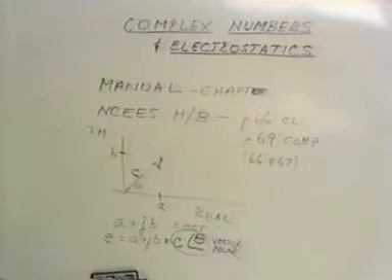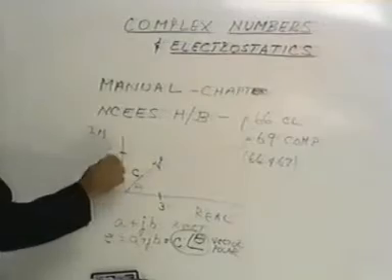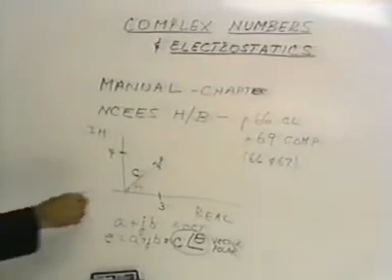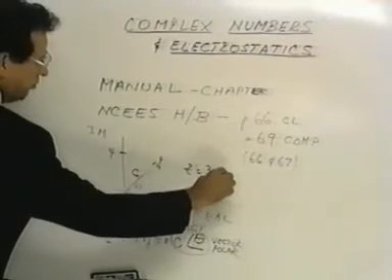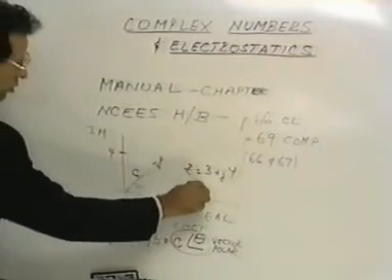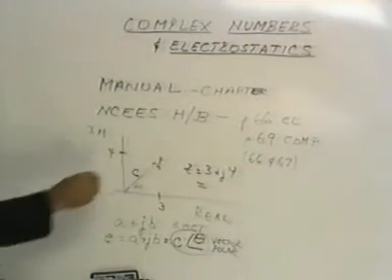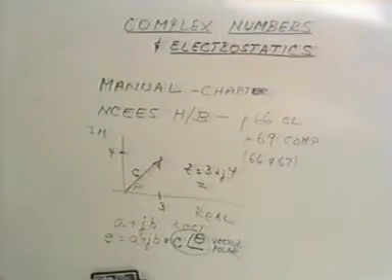So you can describe the complex number either in terms of its rectangular coordinates or in terms of its polar coordinates. As an example, suppose A were equal to 3, B were equal to 4, then we would say that this complex number Z is equal to 3 plus J4. However, if we wanted to describe it in terms of its polar representation, we would say that the length of this vector, we can calculate that by using Pythagoras.